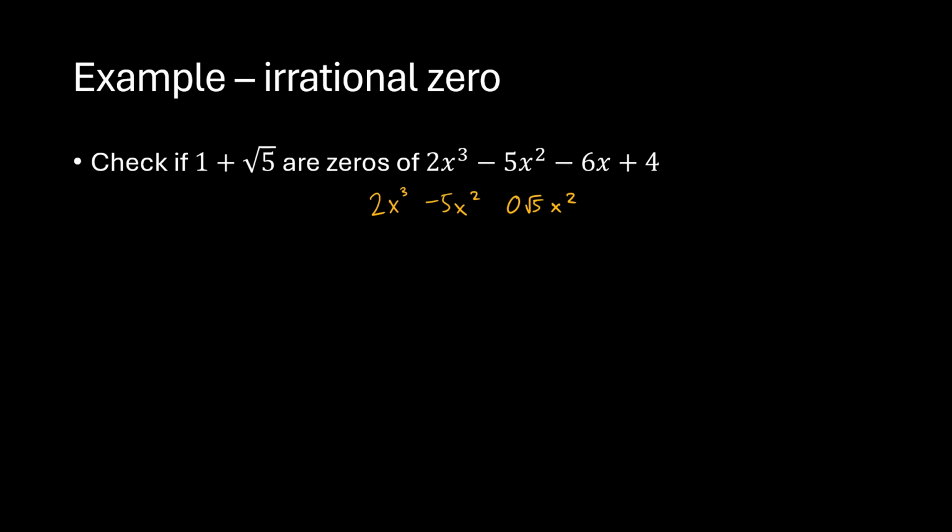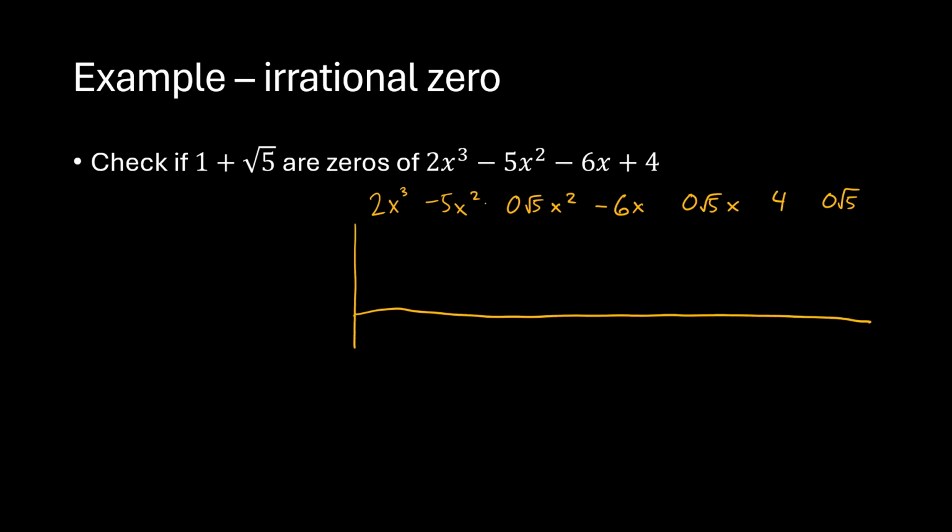We may or may not need these. Negative 6x, 0 square root of 5 x, and then we have 4, and then 0 times square root of 5. These are just zeros, but I have this square root of 5 in here, so it's going to do some weird things. Now we have our remainder of 2.